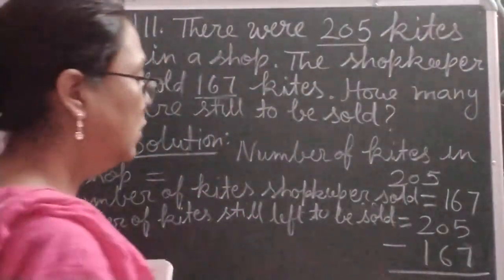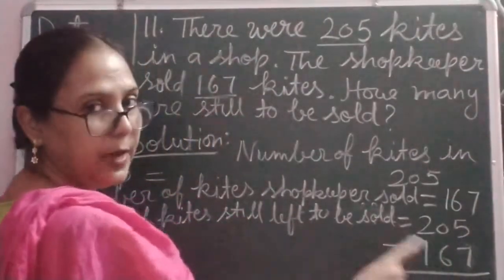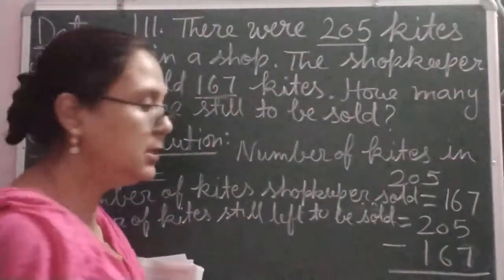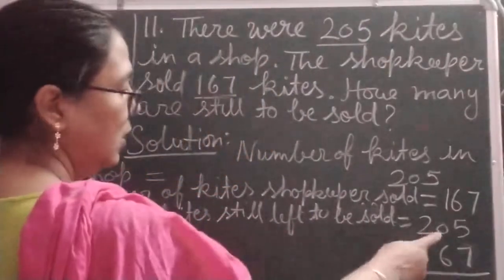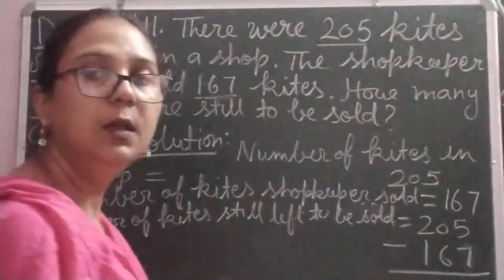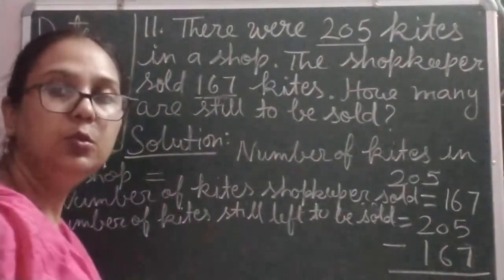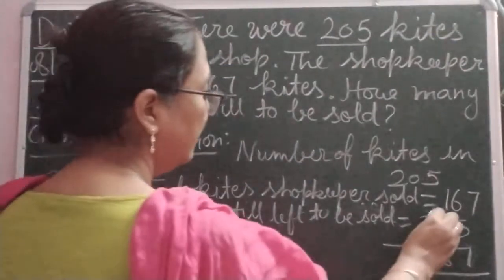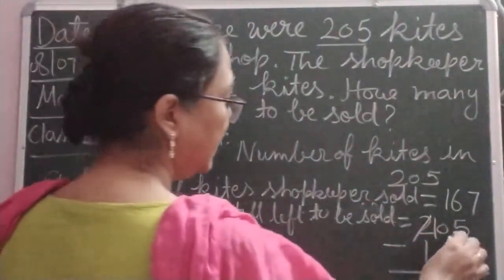Okay, so what will be there? Here you can see this is 5. This is less than 7. So what we will do? We will ask help from 0. 0 doesn't have anything. So 0 will ask from 200. So 100 will give 100 to this, so it will become 10 tens.